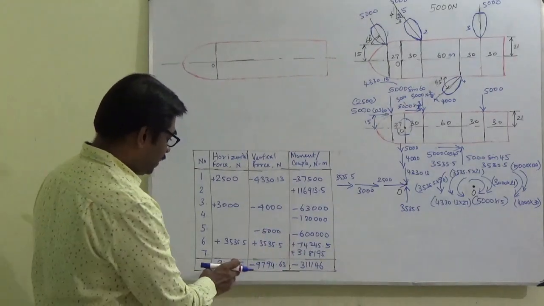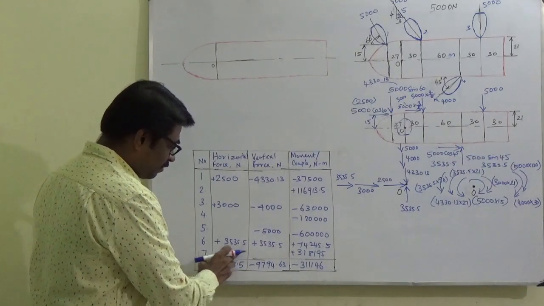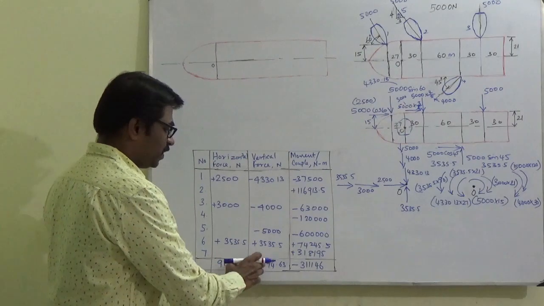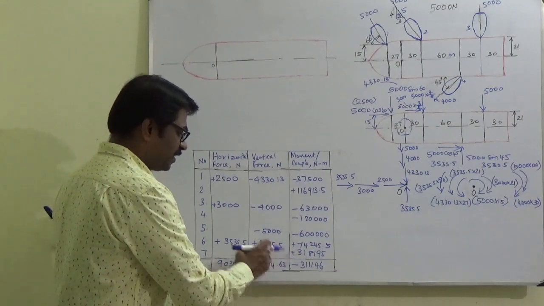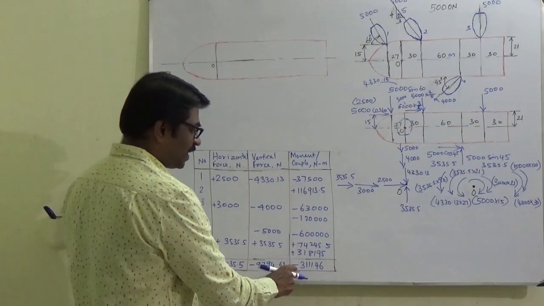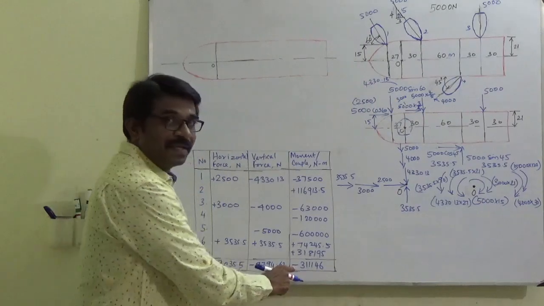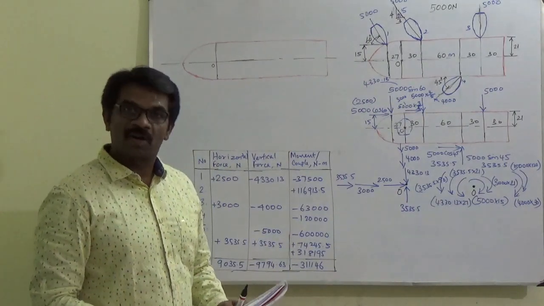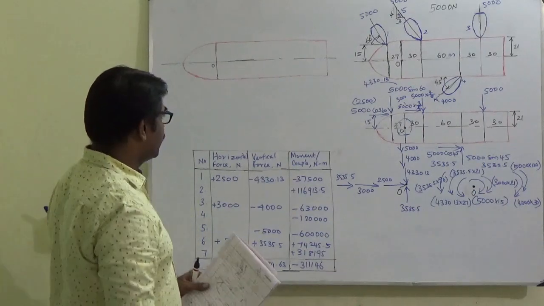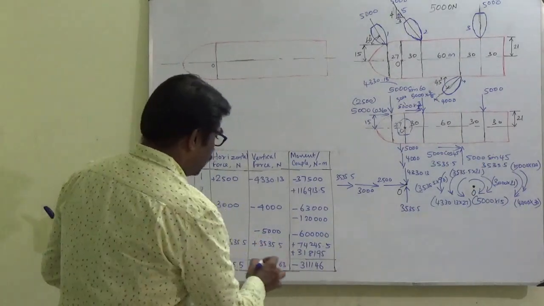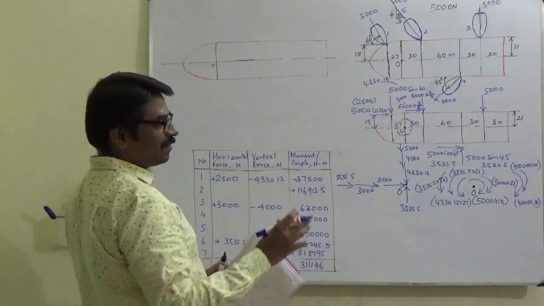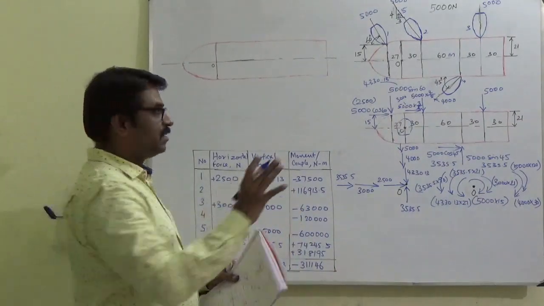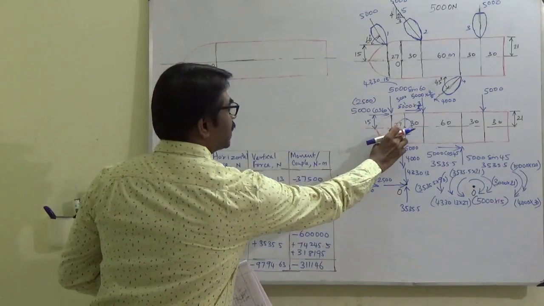Fine. Now you see, what does it mean? The resultant in x direction is positive, the resultant in y direction is negative, and the resultant is a clockwise moment or clockwise couple. Okay, so now what is the first question? We have to find the equivalent force couple system acting here.